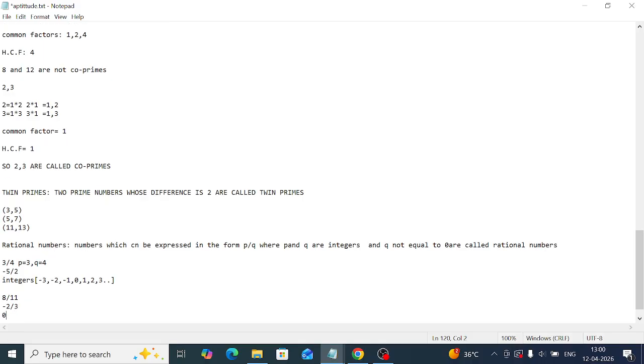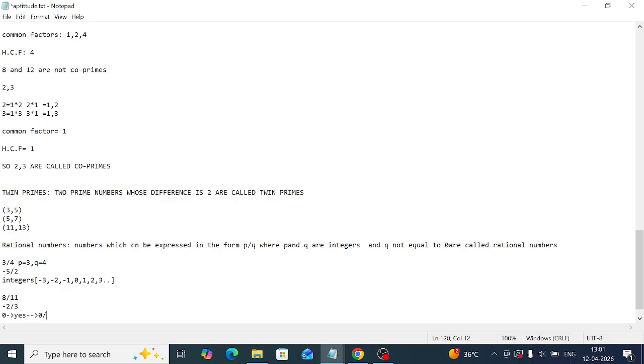Is 0 rational or irrational? Tell me. It is also rational. Why is it rational? See, numerator 0 is there. What is the denominator here? Denominator is not given anything. Sir, if nothing is given, I will treat it as 0?